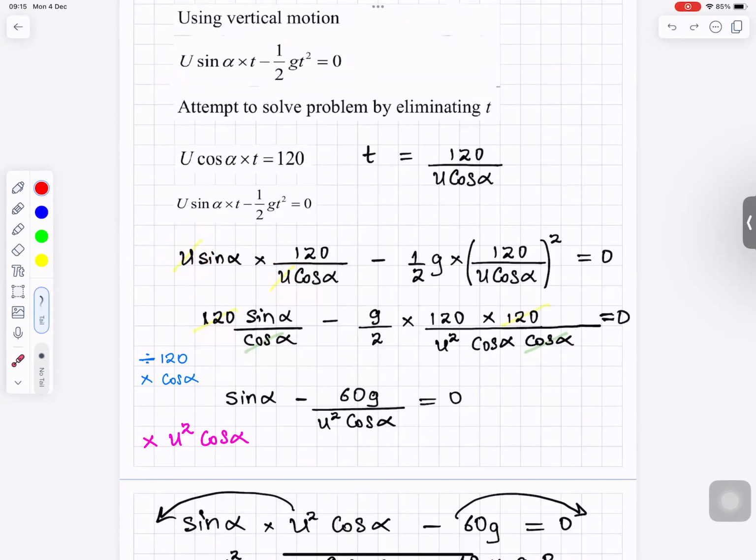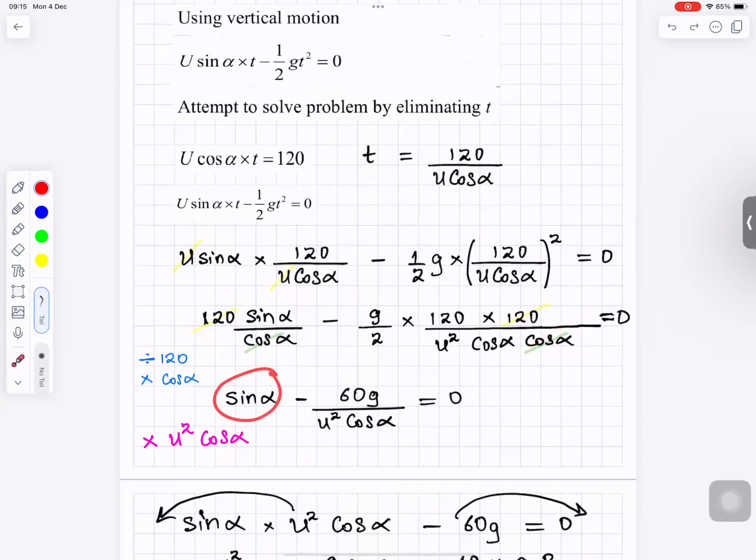Another way to look at it: you divide all of them by 120. So 120 will cancel on the left, and on the right I'm dividing all of them by 120. You times all of them by cos alpha. When you times by cos alpha, this will cancel that, and one of the cos alpha on the right will cancel.